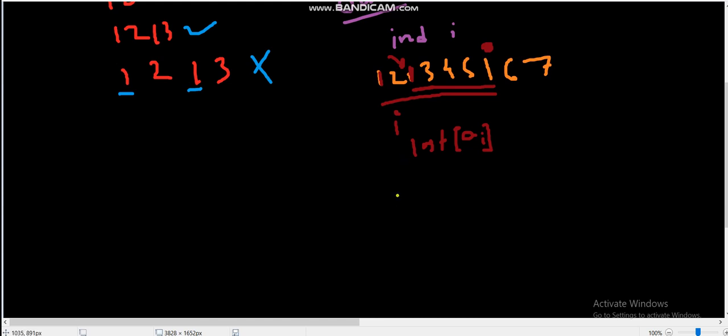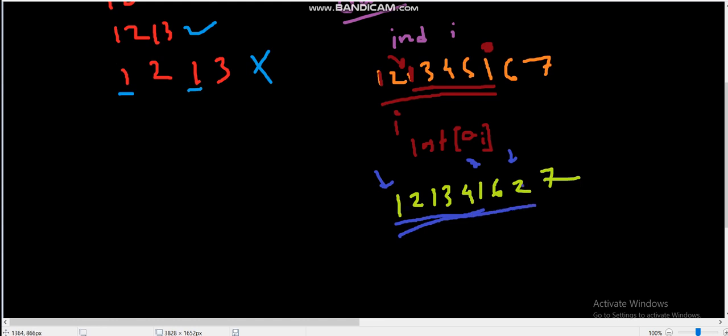So let's take this case: 1 2 1 3 4 1 6 2 7. According to our algorithm, this 1 would be the rightmost partition value. But when we are at this partition, you can see that this 2 has its last occurrence at this other 2, so our overall partition will be from this 1 to this 2.